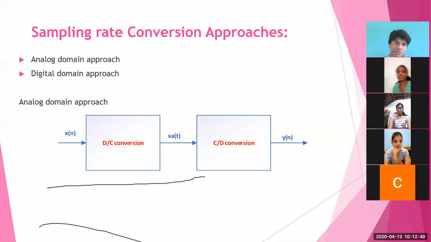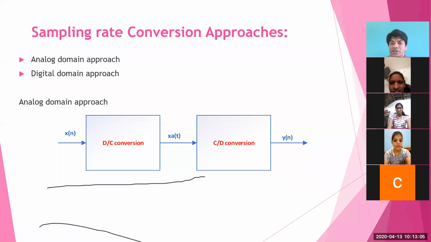How do we achieve this? Well, there are a couple of methods we use, and we call them a couple of approaches. One is the analog domain approach, another one is the digital domain approach. In the analog domain approach, it is straightforward.